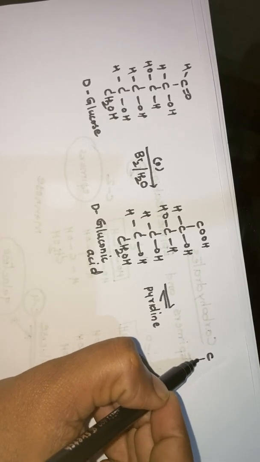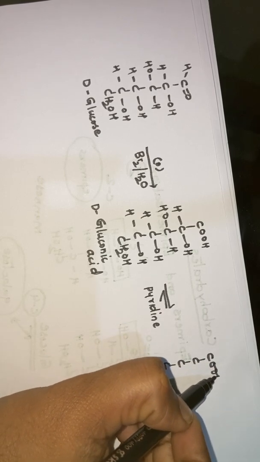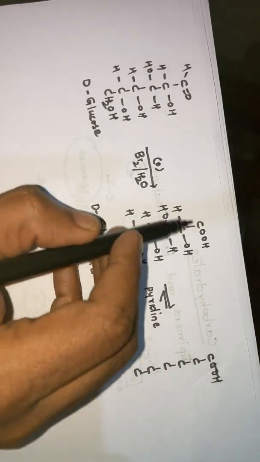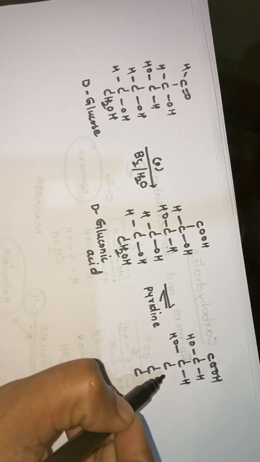So you get an equilibrium mixture of these acids. What happens is there will be a change in configuration at this carbon when it is heated in presence of pyridine.